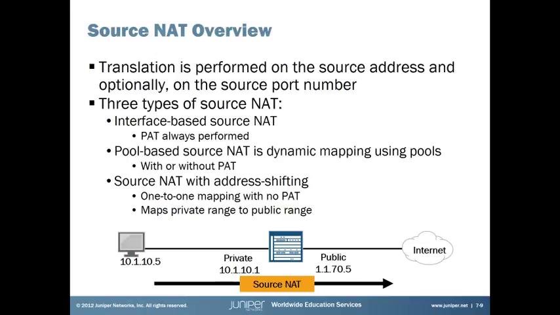So there's a pool to choose from, and you just choose one from the pool. Or source NATing with address shifting, where we've got one-to-one mapping with no PAT. So we just map from one private range into a public range, and that is rarely ever used. So the most commonly used is the interface-based NATing.